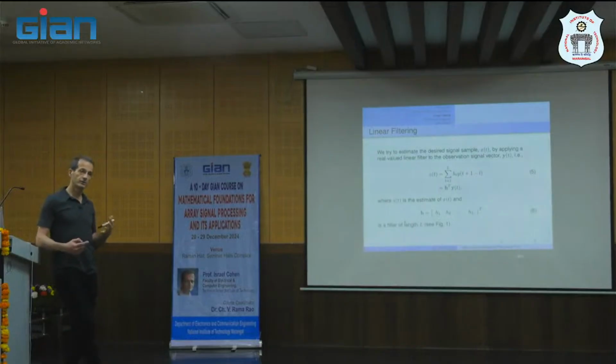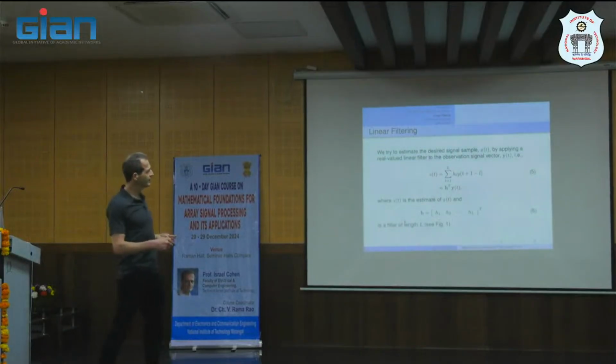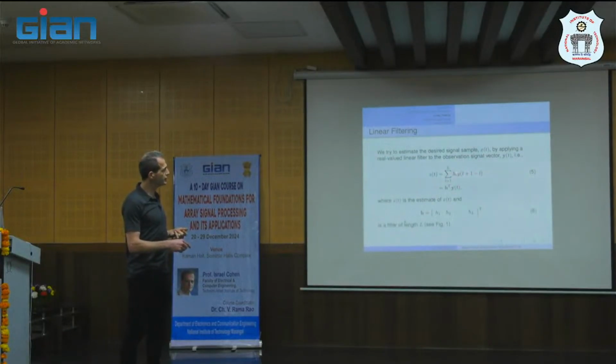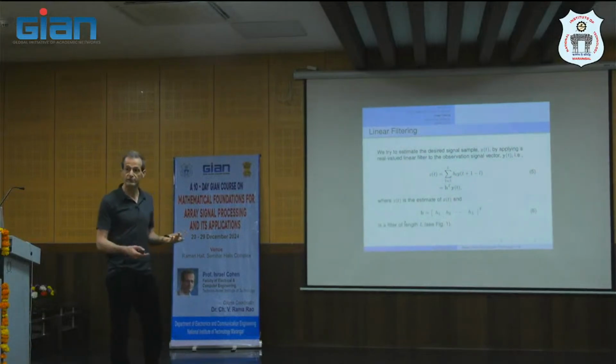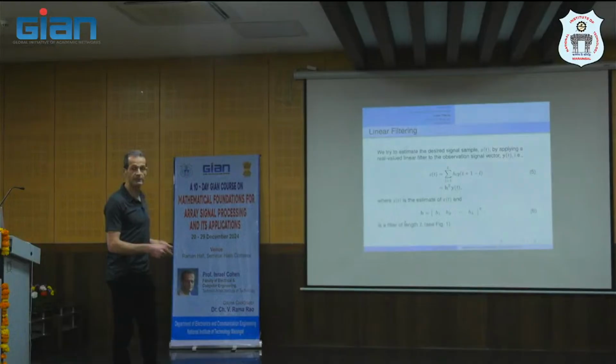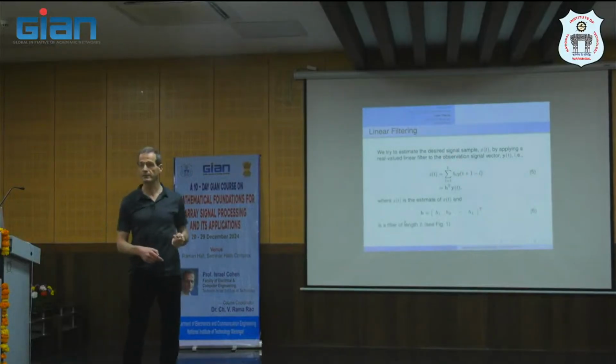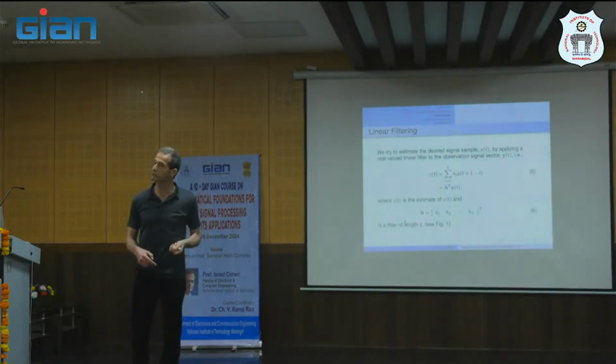So we have different names, and if the function is linear, we call it linear filtering, linear prediction, and so on. If the function is any nonlinear function of the measurement, we call it nonlinear filtering, estimation, prediction.